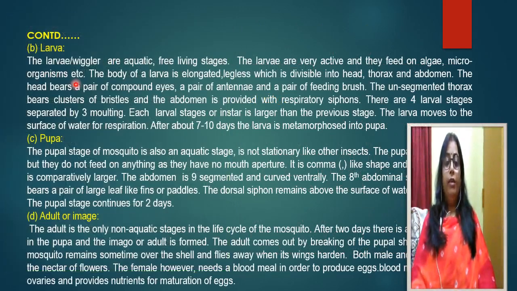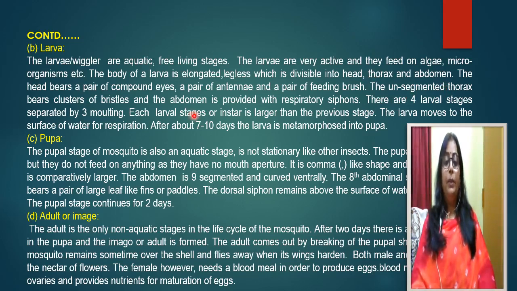Next is larva, also called wriggler. These are aquatic and a free living stage. Larva is very active and feeds on algae, microorganisms, etc. The larva of mosquito is elongated and legless, and the whole body of larva is divisible into head, thorax, and abdomen.